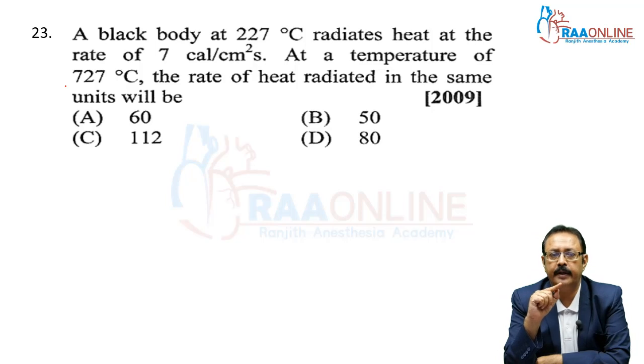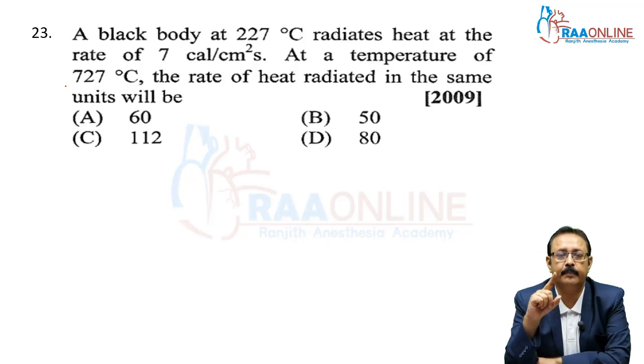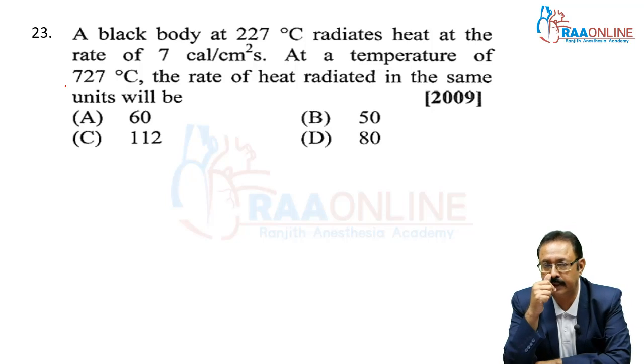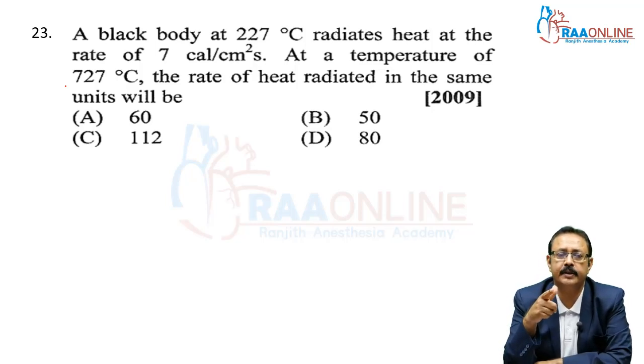A black body at 227 degrees Celsius radiates heat at the rate of 7 calorie per centimeter square second. Take care of units. At a temperature of 727 degrees Celsius, the rate of heat radiated in the same units will be, no tension, they are talking about same units.